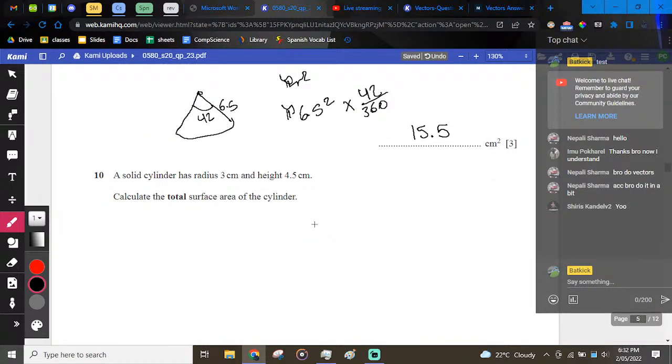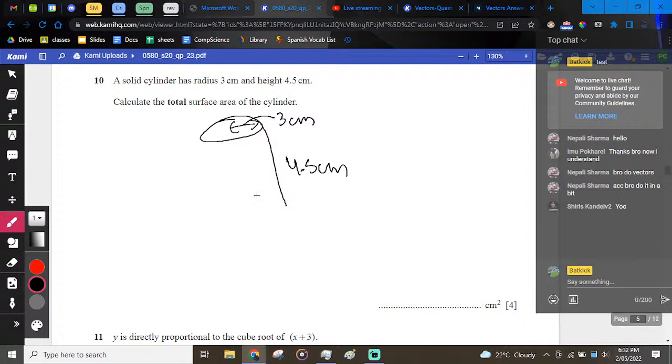Solid cylinder has a radius 3 cm and height 4.5 cm. Calculate the total surface area. Drawing stuff can be helpful in these questions, because you won't miss anything. There's two parts to this, the curved area and the circle area.